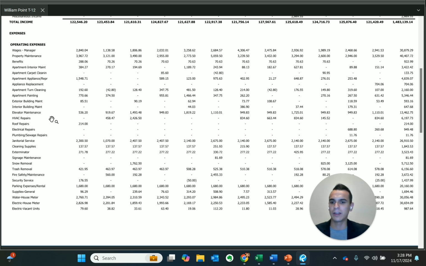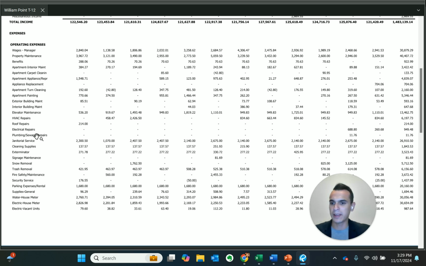Here we have elevator maintenance, which, anytime I see an elevator, I know that can be expensive, especially if it goes down. I'm seeing pretty consistent numbers here. A few of these could be maintenance, a few of them could be issues, but overall, we're looking at just over $1,000 a month for elevator maintenance. HVAC repairs, 6,100.